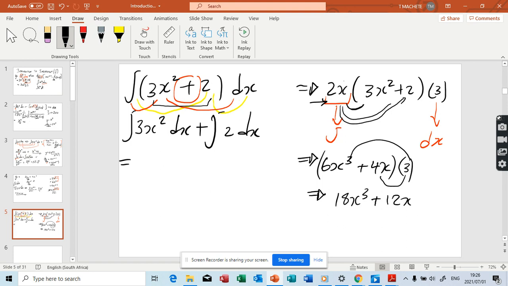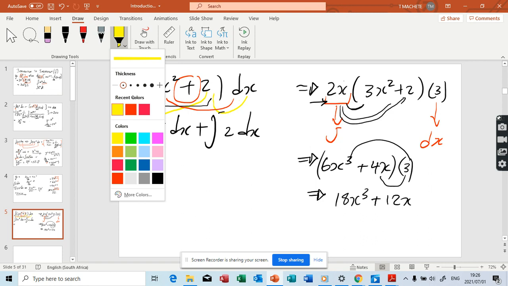No, I was just showing you how to multiply out if you have something like this. That's why I even specified here. The reason why I did this is because this is the same as this.